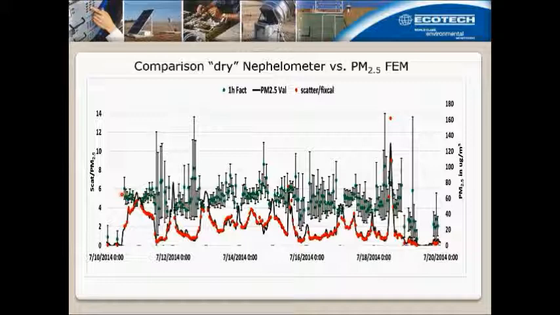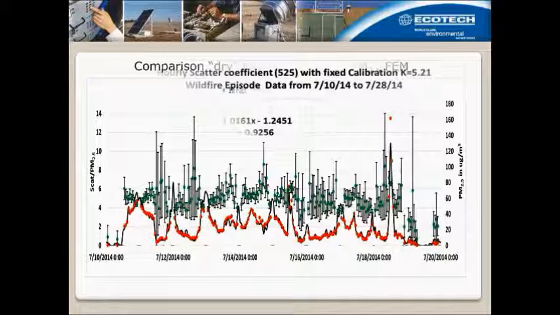The green dots here represent the hourly relation, the scattering coefficient divided by the federal equivalence method, and you see that the factor changes, but you see also the error bars, which I will explain later in a little more detail.